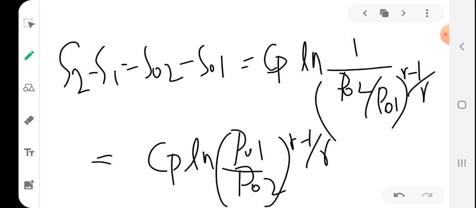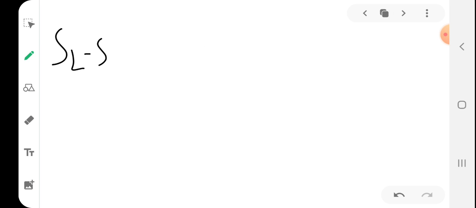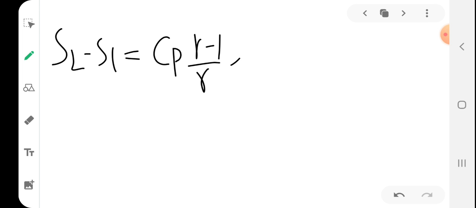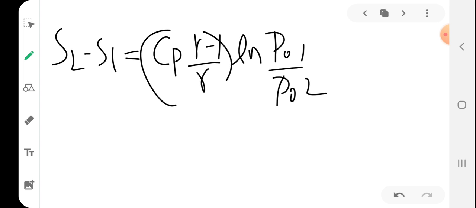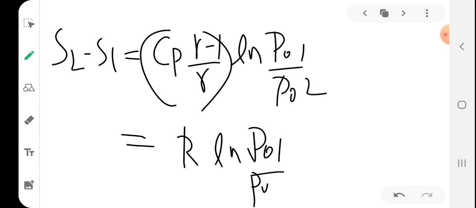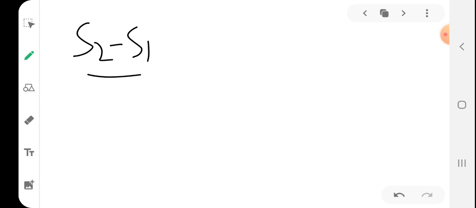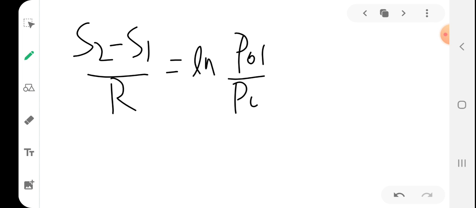Taking gamma minus 1 by gamma outside, S2 minus S1 equals Cp gamma minus 1 by gamma log P01 by P02, and this is nothing but R itself: R log P01 by P02. Or you can write S2 minus S1 by R equal to log P01 by P02. This is the equation for entropy change across a normal shock.